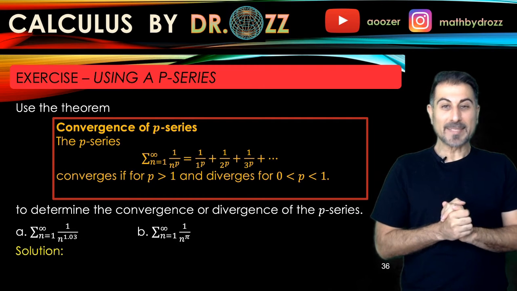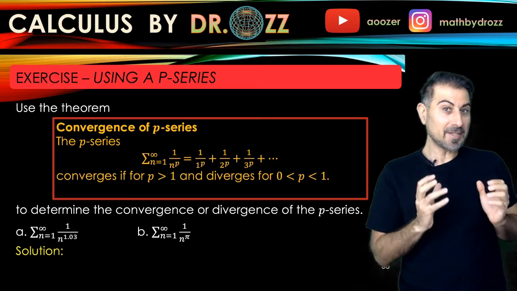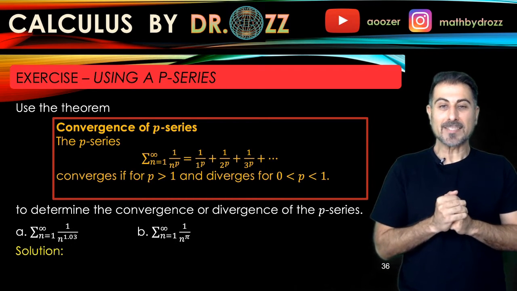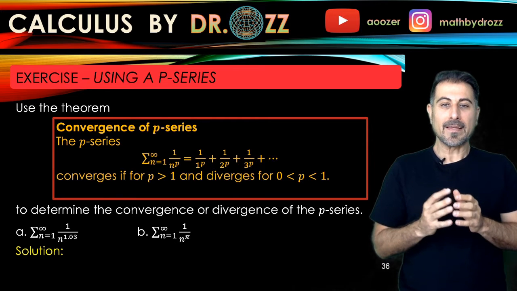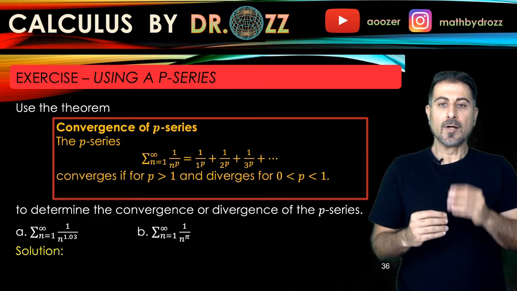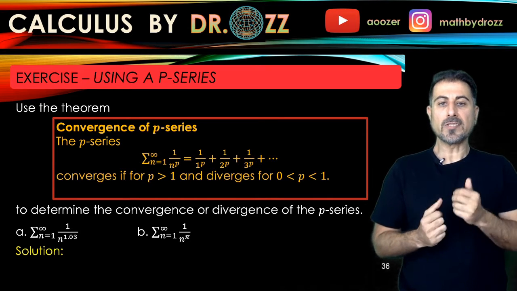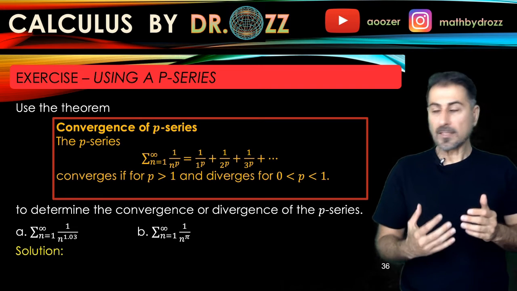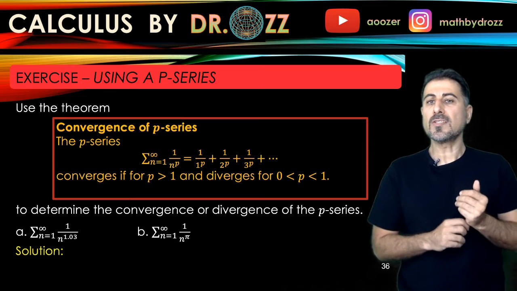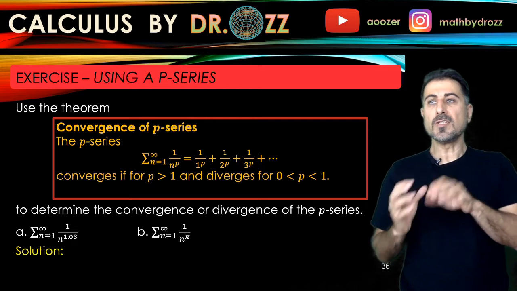Today we're going to go through an exercise where we're using the benefits of having the p-series test for the given infinite series. If we know that a given series is a p-series, we can use the result right here saying that the infinite series 1 over n to the p is convergent whenever p is strictly greater than 1, and it diverges for p's between 0 and 1.